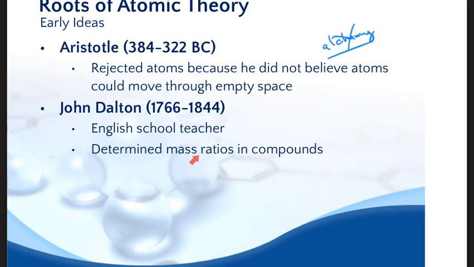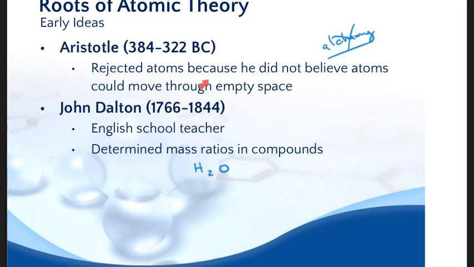But John Dalton, in part of his experiments, starts to realize that compounds that he could form in his backyard had specific ratios that these things reacted. So, for instance, if he was trying to determine the formula for water, which was H2O, he realizes that in something like water, there's 2 parts of hydrogen for every 1 part of oxygen, and well, if that's the case, then these things must have some sort of point where they're indivisible, because it seems to be reacting in a specific ratio.